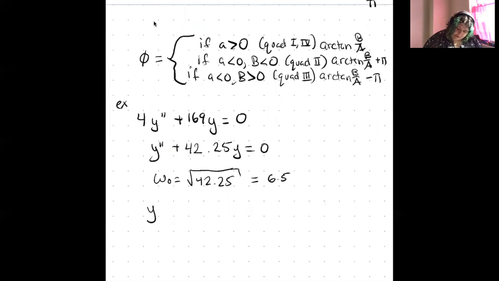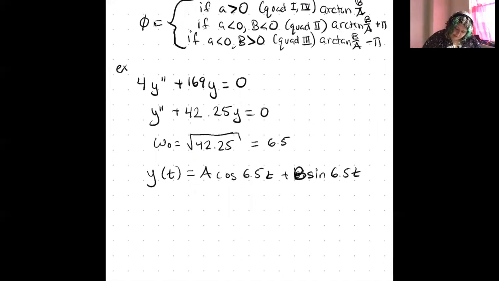So our solution, since we can see that it is simple harmonic motion, is going to be A cosine 6.5t plus B sine 6.5t.